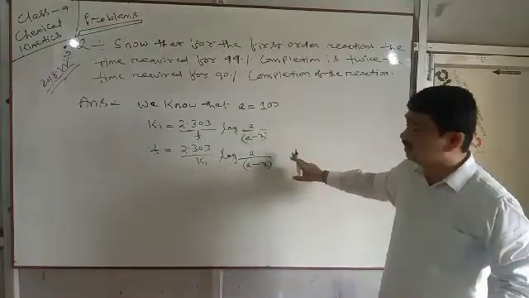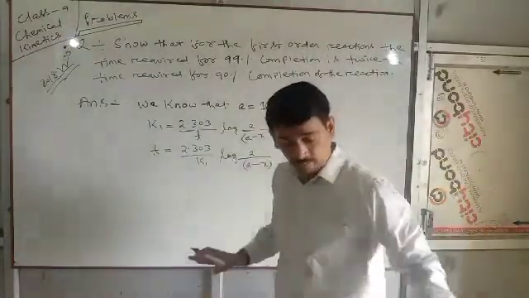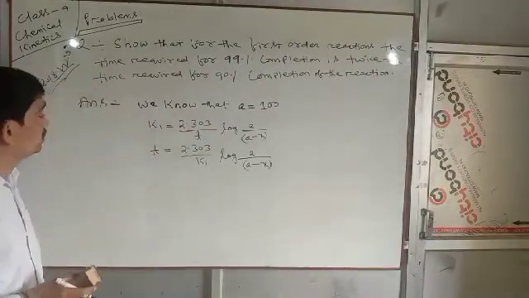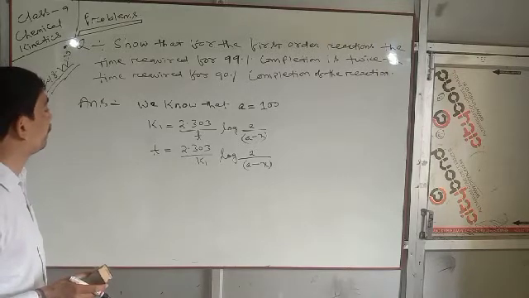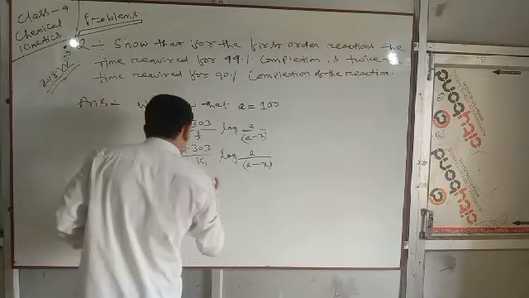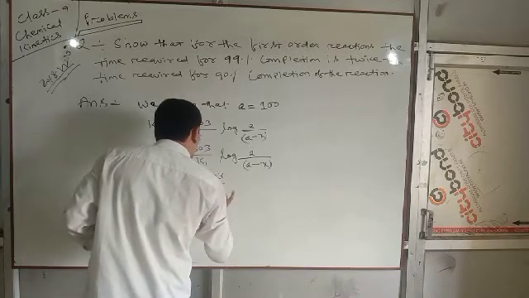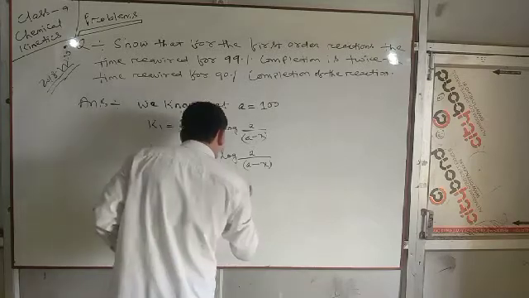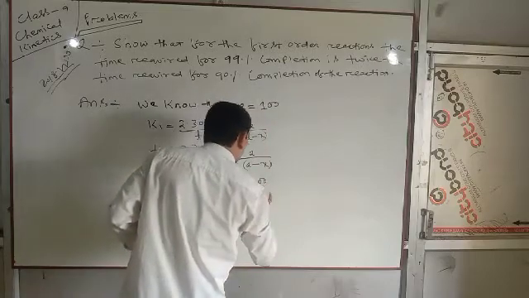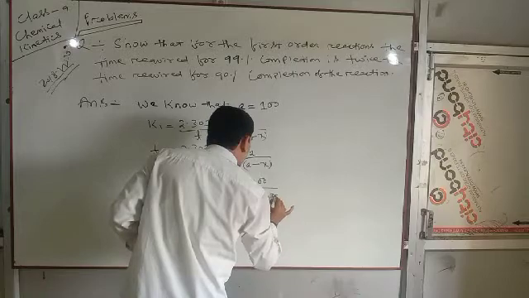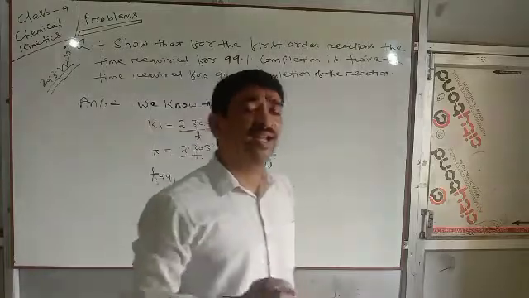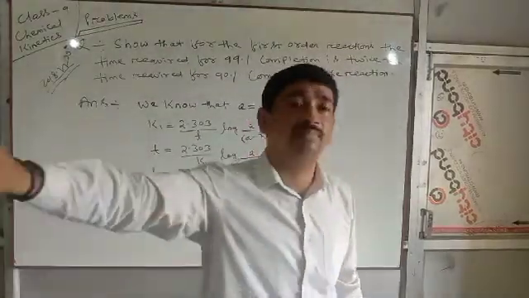Look, how to calculate t 99% from the formula. Write this: t 99% equals 2.303 by k1 log a is 100, by 100 minus x. For 99% completion, what is x? x is the amount of product formed after some time.